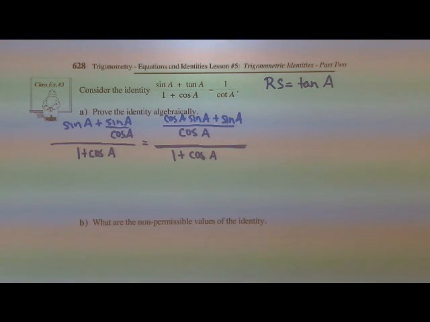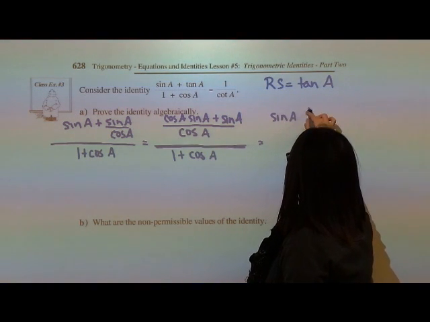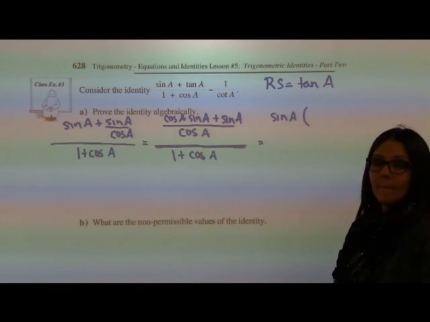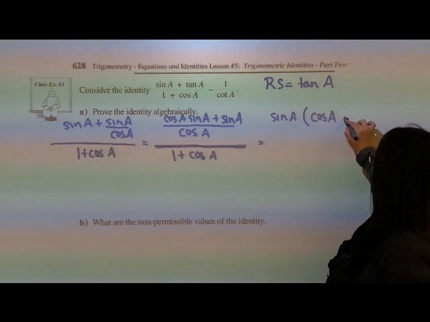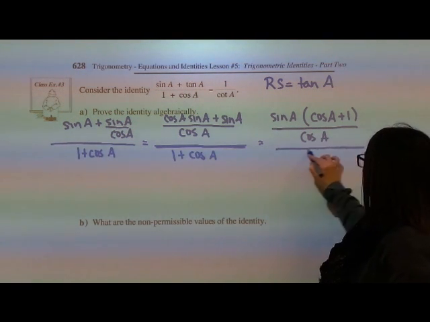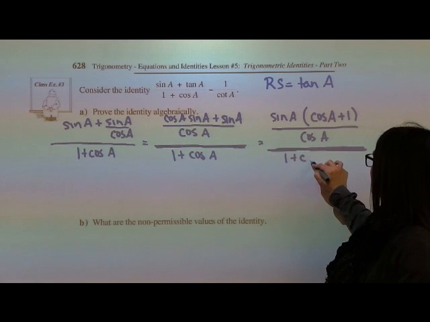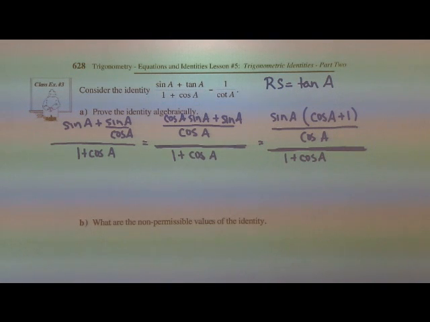Okay? Now what? I can factor out a sine A. And when I factor out a sine A, what am I left with? Cos A plus 1. How do I divide fractions? Multiply by the reciprocal.